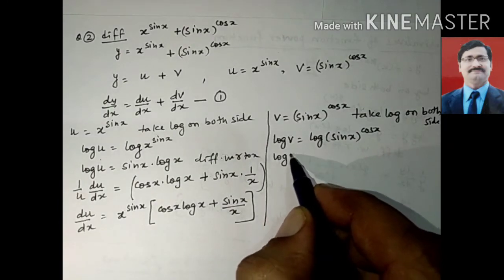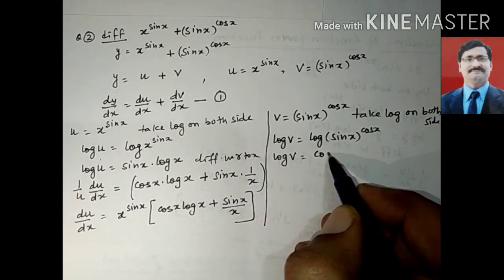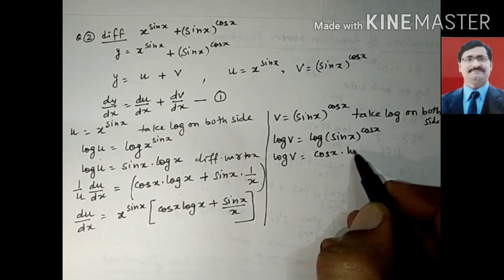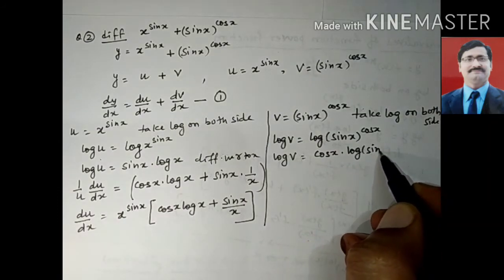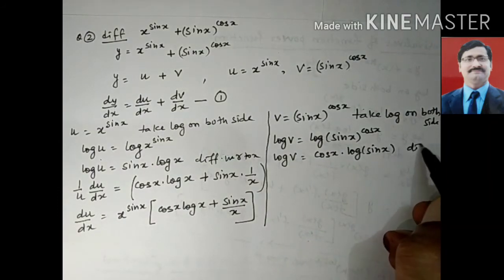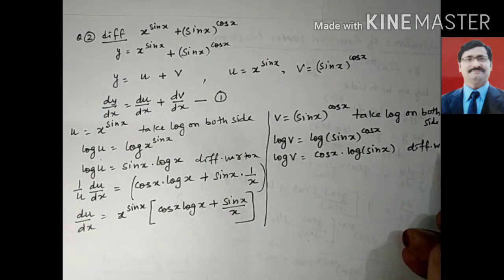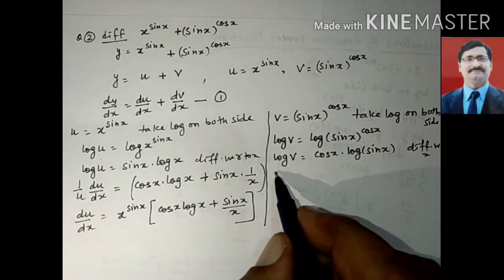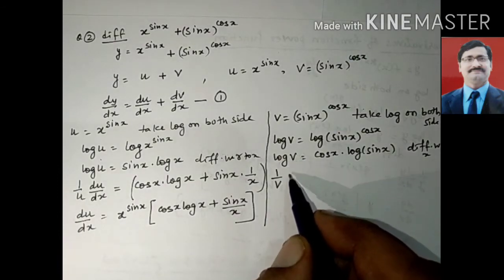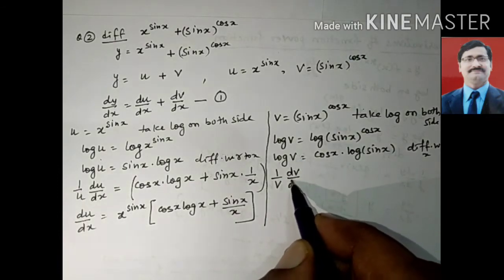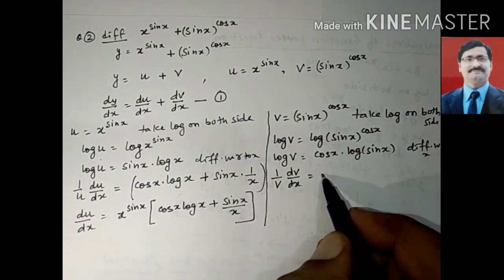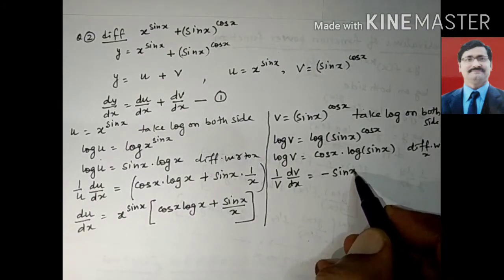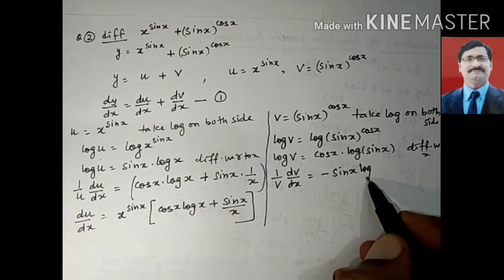This you can write as log v equal to cos x into log sin x, and now you differentiate with respect to x. Log v differential is 1 upon v and v differential is dv by dx, equal to cos x differential is minus sin x, and log sin x is as it is.